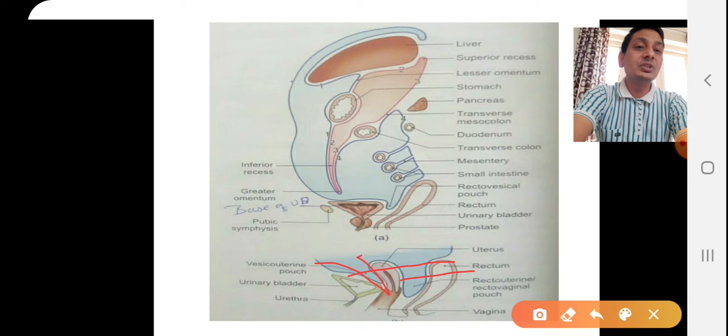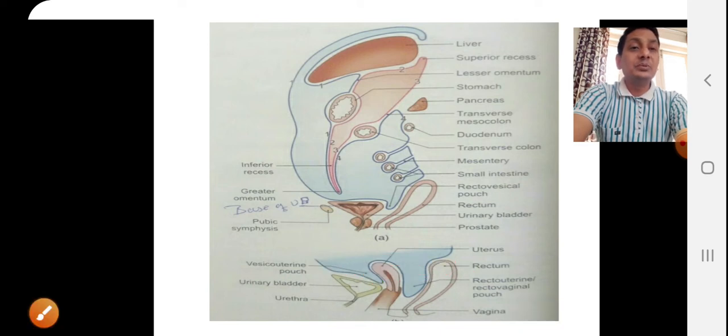This is the fold of the peritoneum which forms the vesicouterine pouch, separating the superior surface from the uterus. In the male, it is related to the sigmoid colon. This is the difference in the relation of the superior surface in male and female.